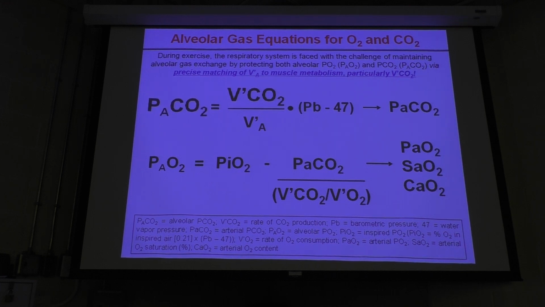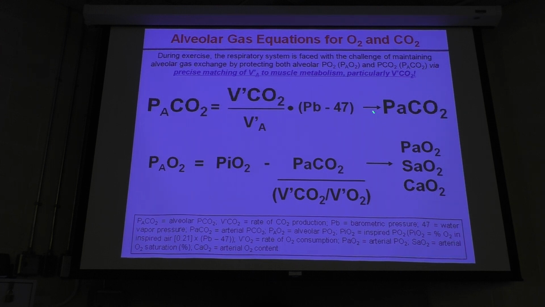It's going to rise. So if you have increased concentration or partial pressure of CO2 in the alveoli, what's going to happen to the arterial CO2 levels? They're going to rise. Now, what is the impact of carbon dioxide retention in the arterial blood on alveolar PO2?